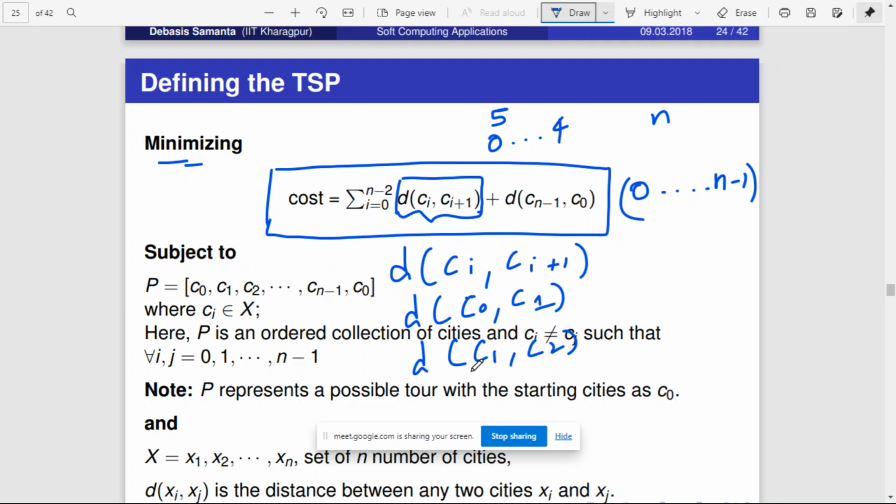So on and so forth, right? If i is 2, it is 2 and 3. If i is 3, it is 3 and 4, like that. Now comes the crucial question. If i is n minus 2, then what are Ci and Ci plus 1?